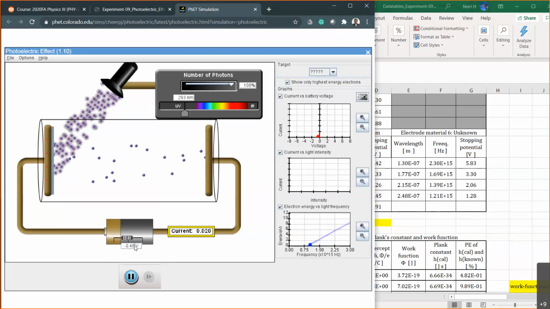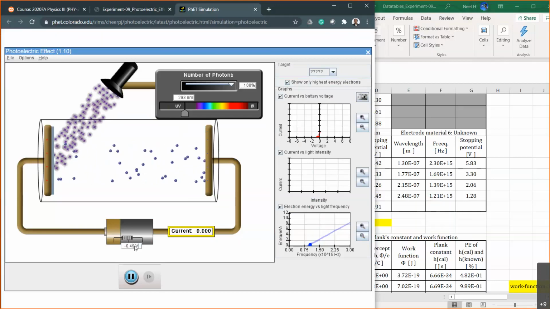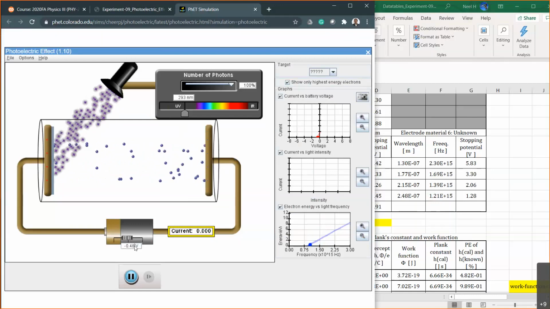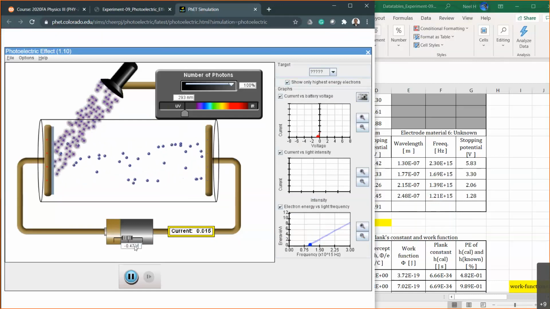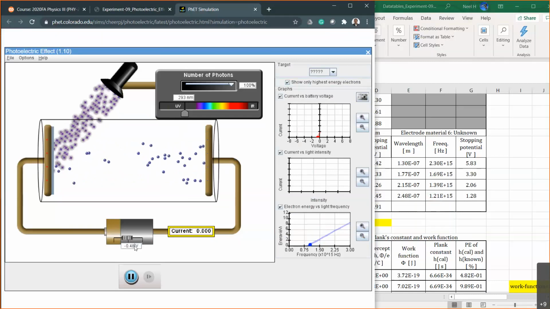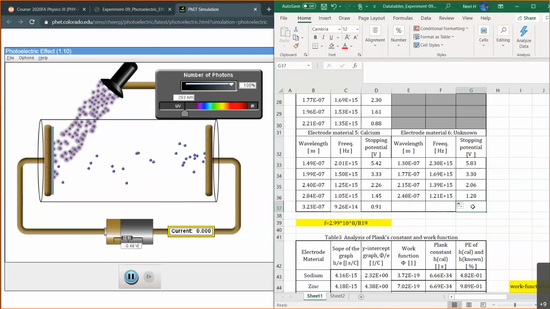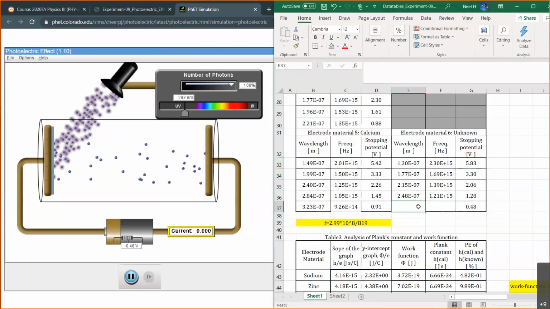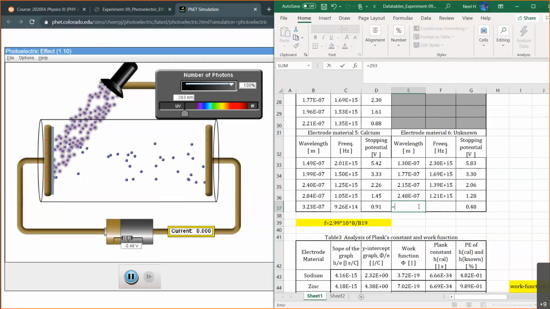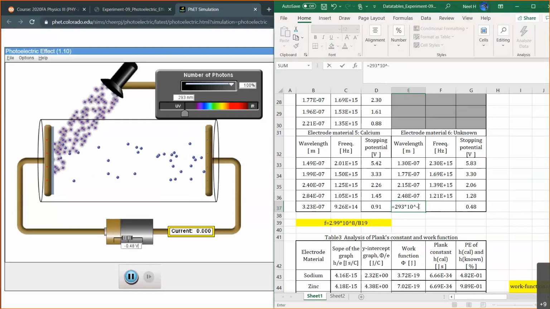Negative 0.45, 0.47, 0.49, 0.48. Negative 0.47, there's a current. Negative 0.48 is 0. That's the best value, 0.48. And the wavelength is 293 times 10 to the power minus 9.